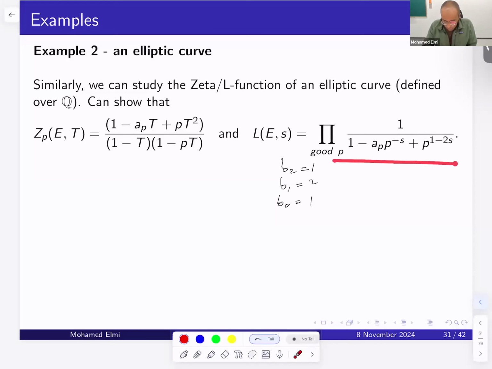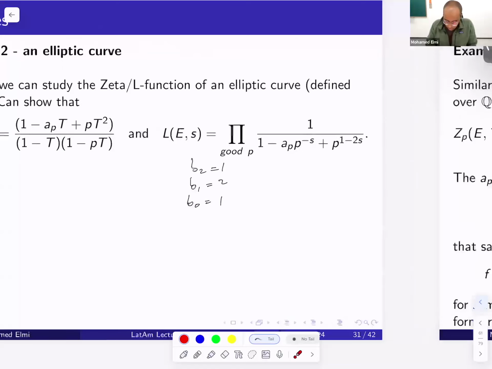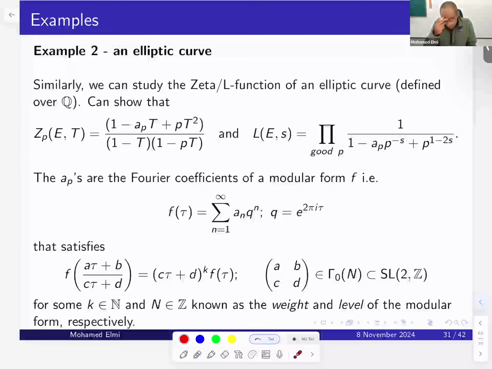And you can define an L function as before by taking products over all primes and making the replacement p to the minus s for this t. And these APs are Fourier coefficients of modular forms. This is a very famous observation. A modular form is something meromorphic in the upper half plane.